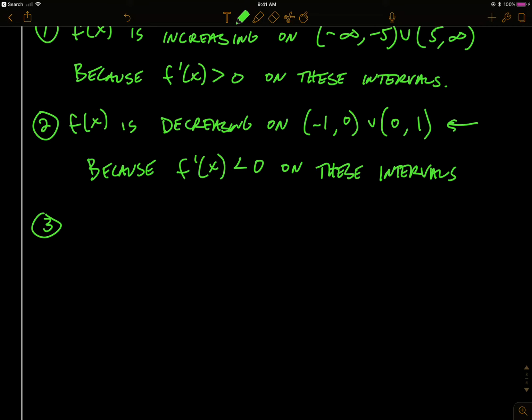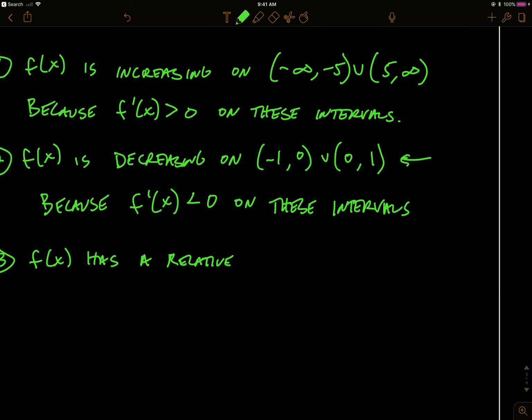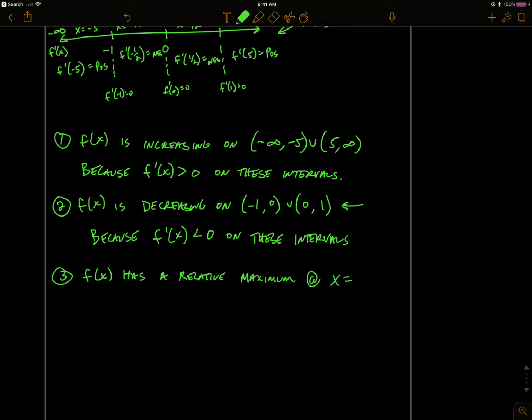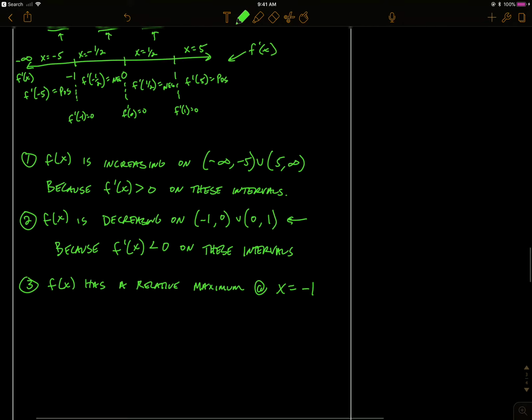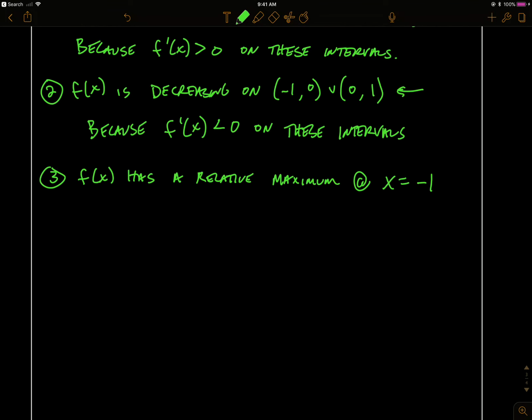Now we want to talk about if it has any relative maximums or minimums. So f of x has a relative maximum at x equals, looks like -1, because f prime of x switches from positive to negative.